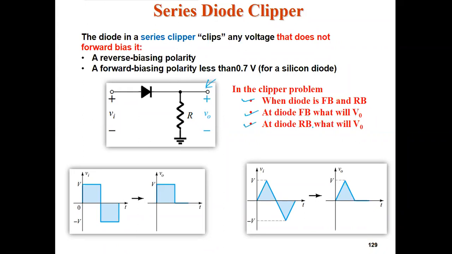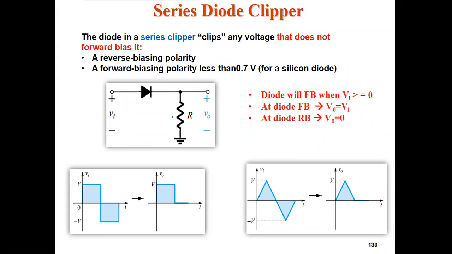Third, during reverse bias, how much is the output voltage? Looking at the diode connection, the diode is forward biased during the positive half cycle, or when Vi is greater than 0. And when the diode is forward biased, it will be conducting, or short circuited.